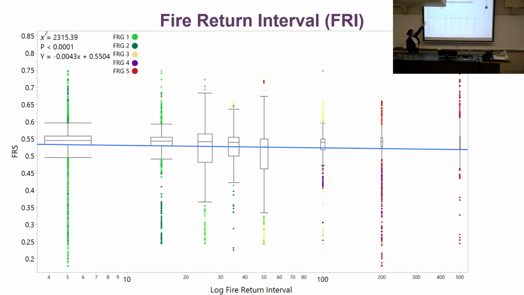So we see a negative slope occurring. And this would be what we would expect to occur, given that the more frequent interval of fire that an environment is exposed to is going to then be filtering for more fire resistant traits, resulting in higher fire resistance scores. And so we did see that slight decrease.